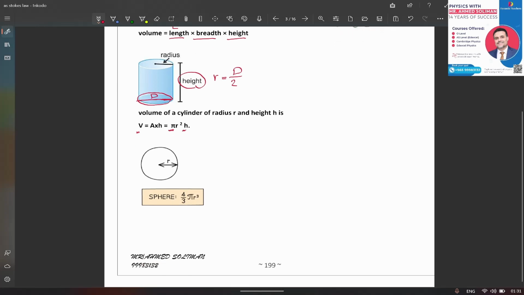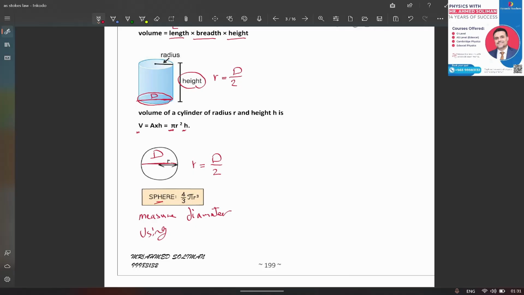Finally, if you need to find the volume of a sphere, we need to measure the diameter of the sphere, then find the radius equals diameter over 2. We can measure the diameter using what?